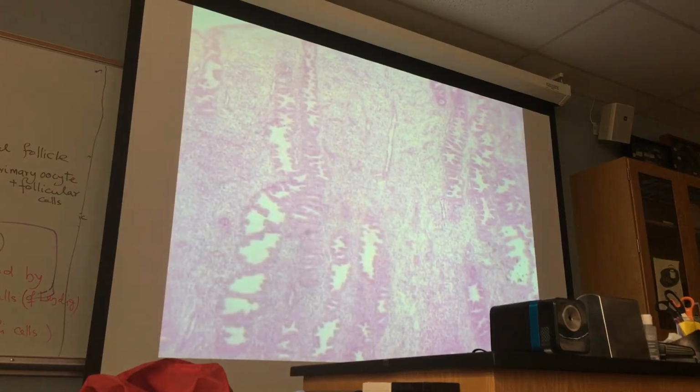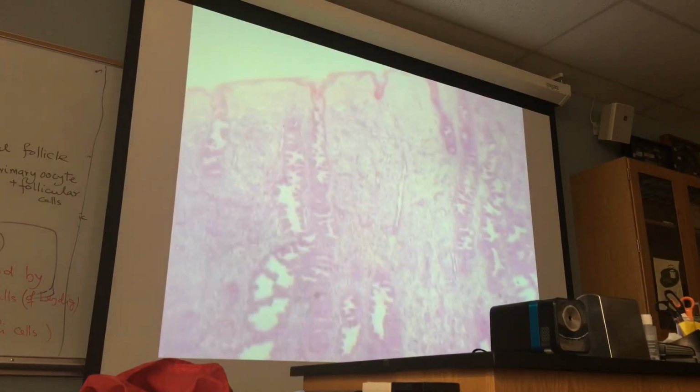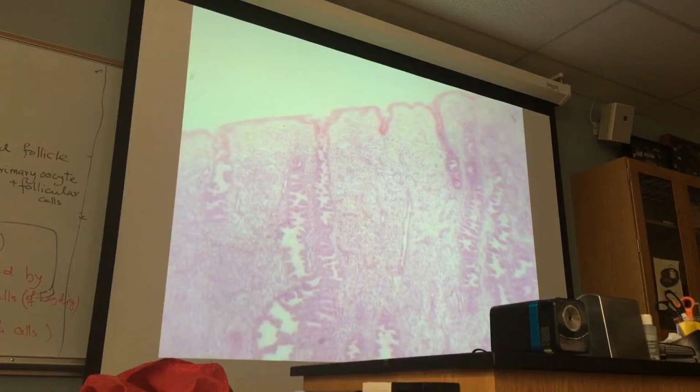This is from human being. This is the uterine cavity or lumen of uterus. Okay? And here is a free surface of the endometrium, the functional layer.